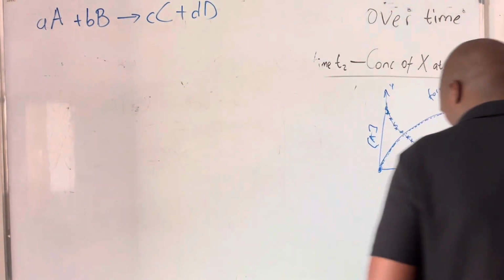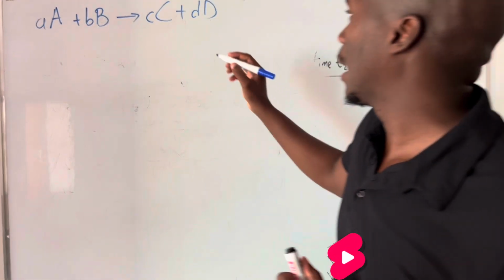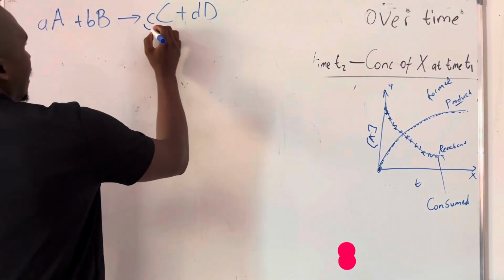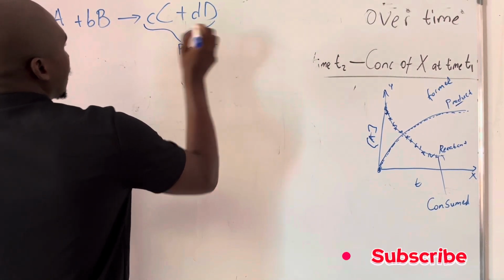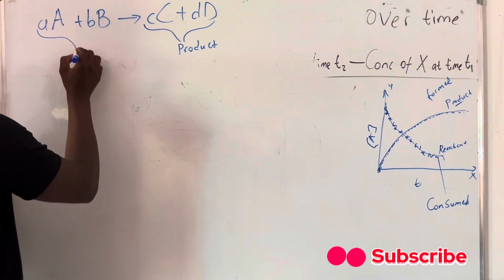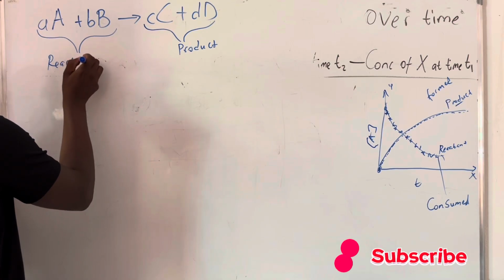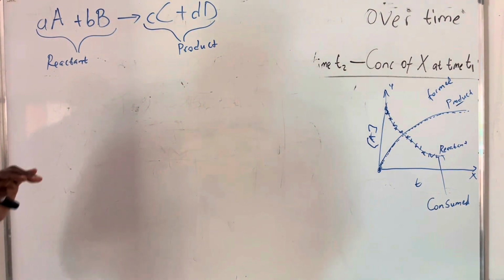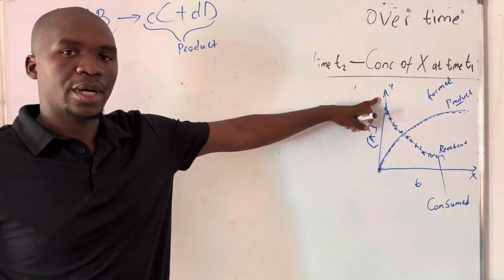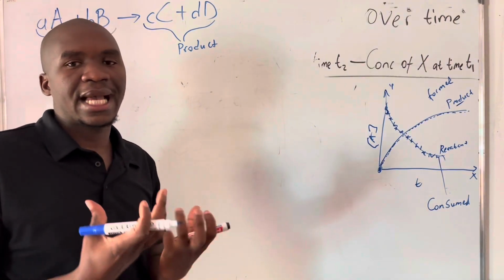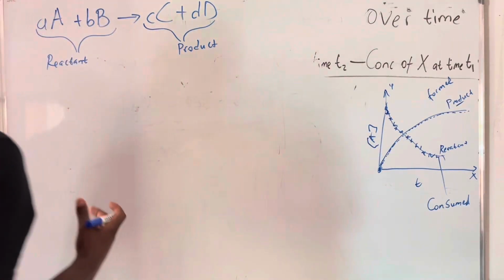If you check that reaction out, you will realize that this has these as the products, and we have these two as the reactants. I mentioned that the reactants, when we started, are normally on top, right? And they curve down. In other words, they are the ones that are consumed, right? But the product is the one that is formed.